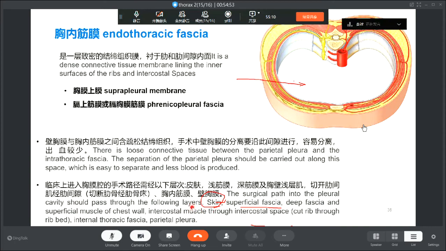So our surgical path into the pleural cavity should pass through the skin, the superficial fascia, the deep fascia, the superficial muscle of the chest, and the intercostal muscles through the intercostal space.